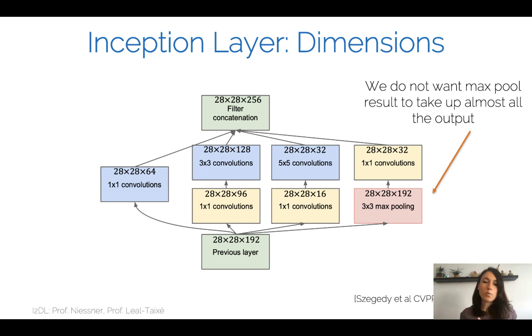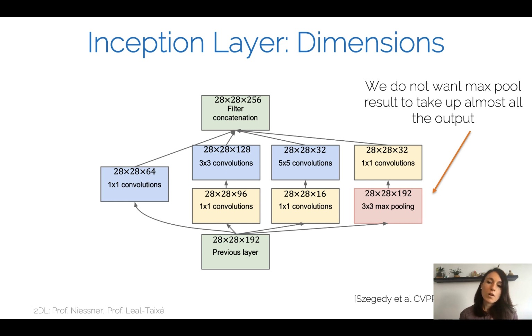And now the max pooling, right? So why do I have a 1x1 convolution after the max pooling operation? Well, we're looking at the output of all the other representations. The 1x1 convolutions have 64 channels as output, the 3x3 convolutions have 128 channels as output, and the 5x5 convolutions have 32 channels as output.